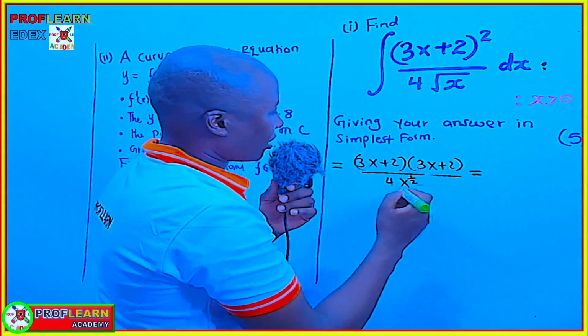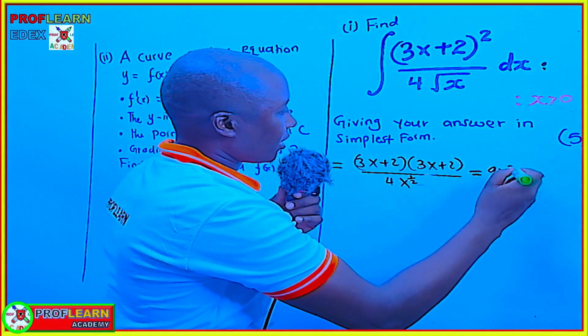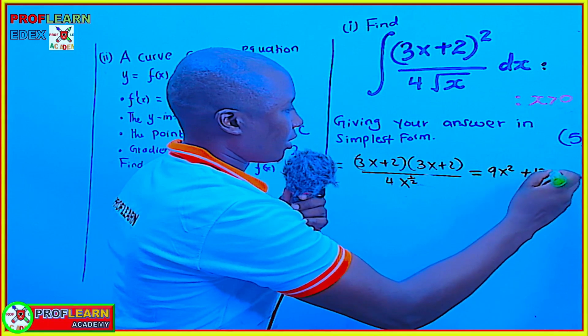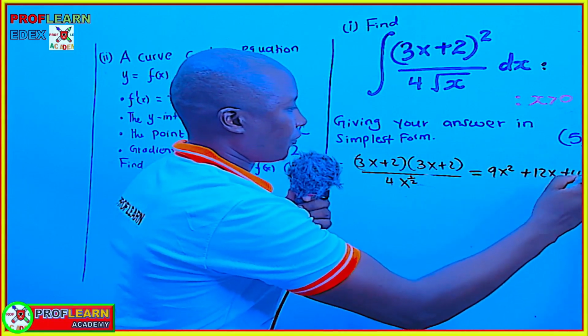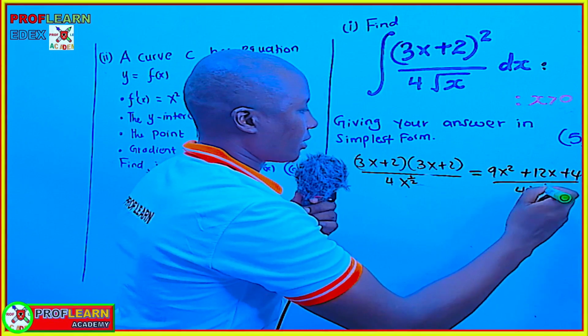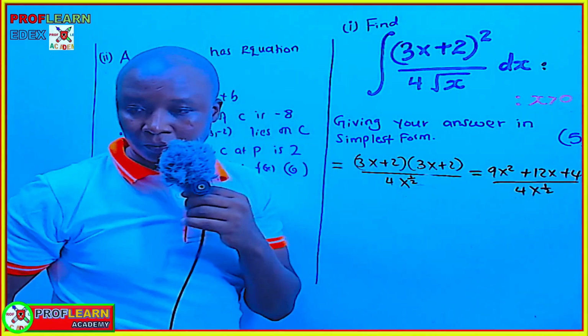So expanding this, you are going to get 9x squared plus 12x plus 4, and every term is going to be divided by 4x raised to 1 over 2.